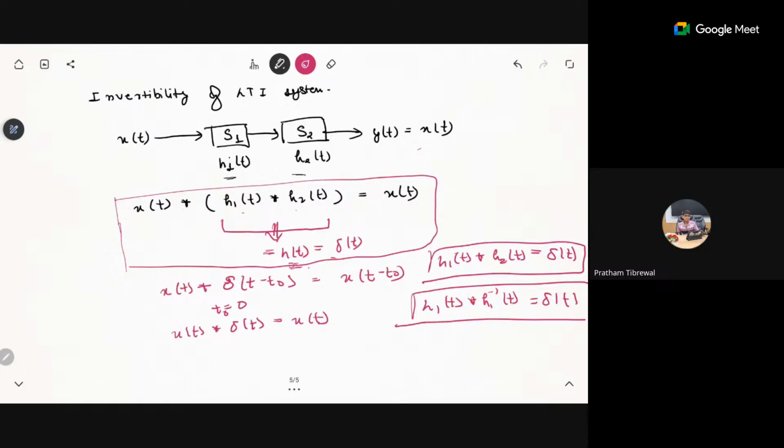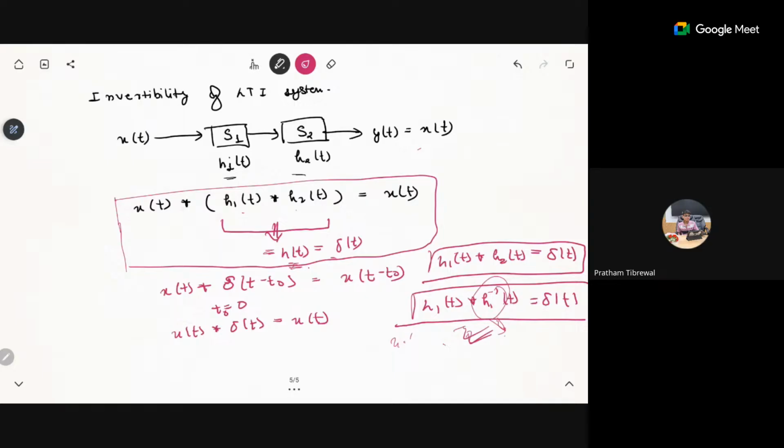Now you know how we are getting this as delta(t), h1(t) convolved with h2(t). For now you may not expect that some h1(t) is given and you have to find this inverse, because you don't yet have the tool to find it. So such type of question will not come, don't worry about that. Once we are familiar with Fourier in the future lectures, we can come back to this for solving the inverse.